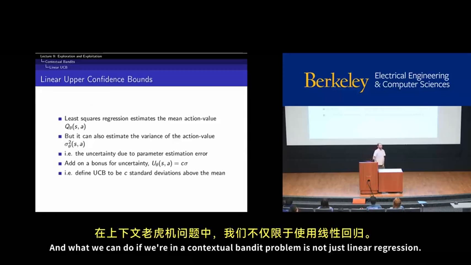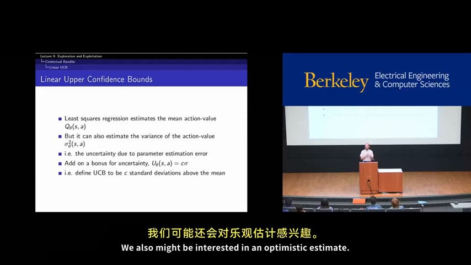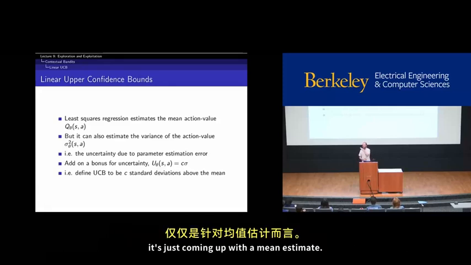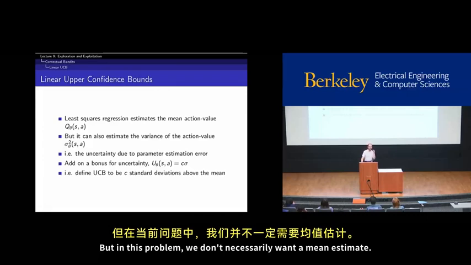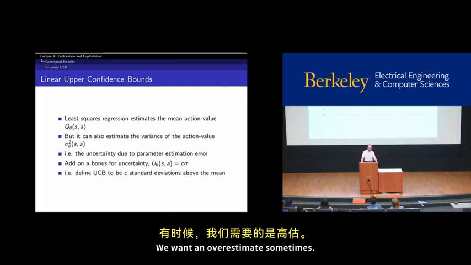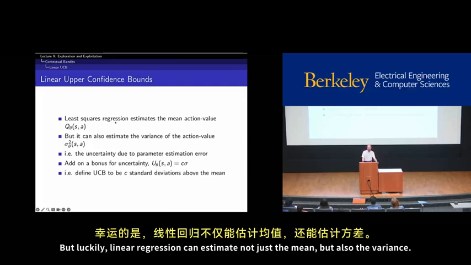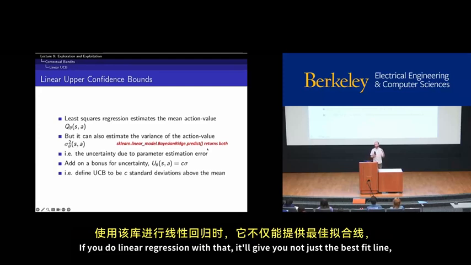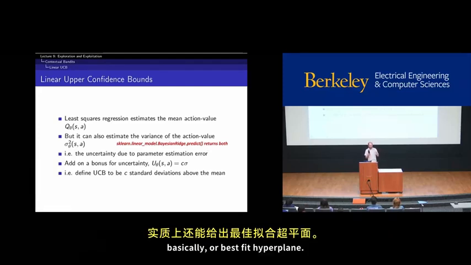And what we can do if we're in a contextual bandit problem is not just linear regression, we also might be interested in an optimistic estimate. So in linear regression, what we've talked about so far, it's just coming up with a mean estimate. But in this problem, we don't necessarily want a mean estimate. We want an overestimate sometimes. But luckily, linear regression can estimate not just the mean, but also the variance. If you're interested in finding code that does this, the sklearn library, if you do linear regression with that, it'll give you not just the best fit line, basically, or best fit hyperplane.